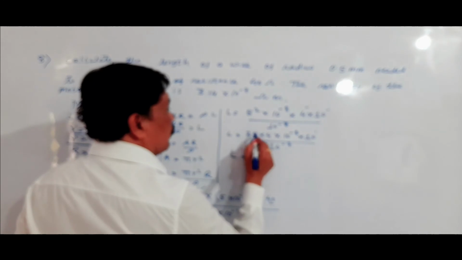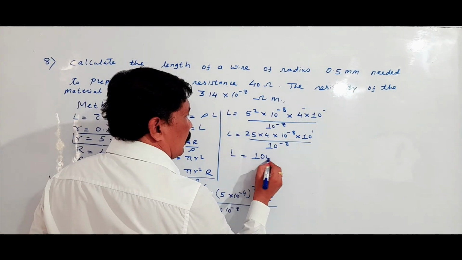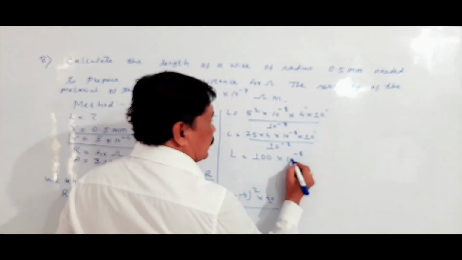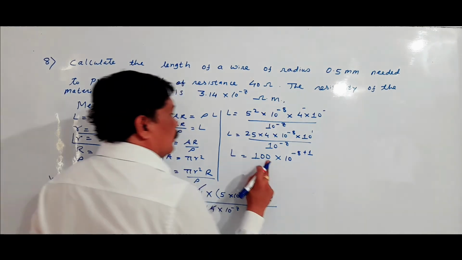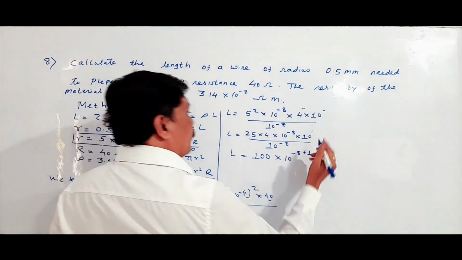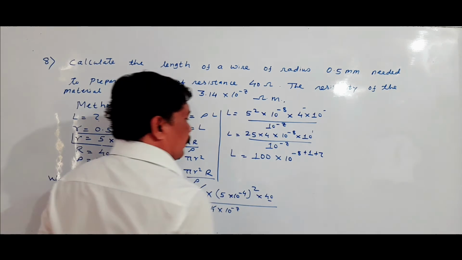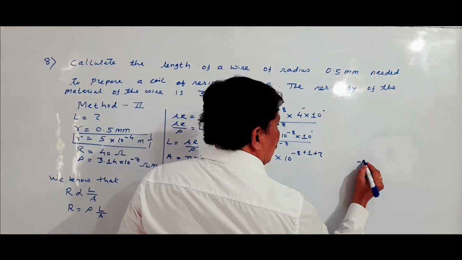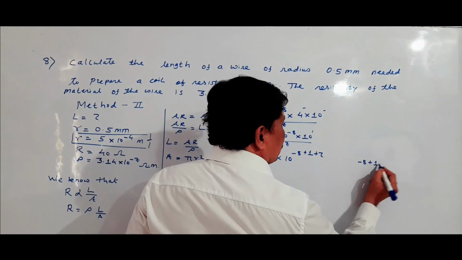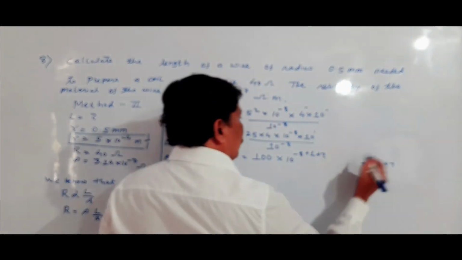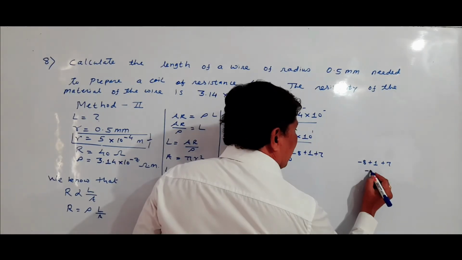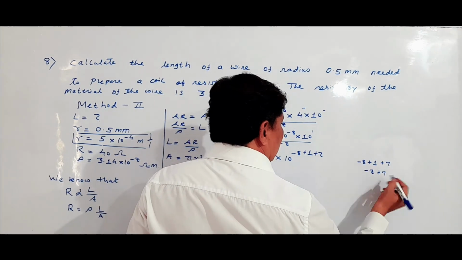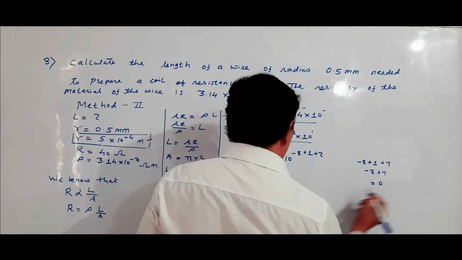Length is equal to 25 into 4, 100, into 10, base is same. You write 10 to the power minus 8 plus 1, minus 7 will go up and become plus 7. Minus 8 plus 1 plus 7, plus minus sign of the greater number, minus 7 plus 7, so it will be 0.